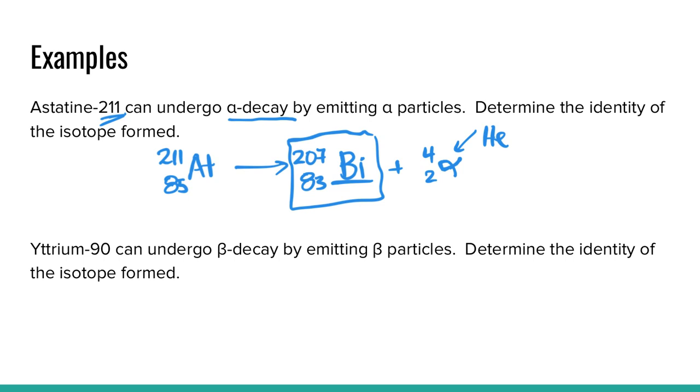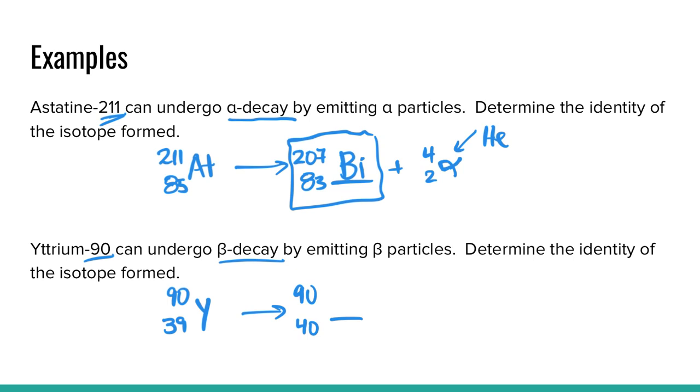The next example: yttrium-90 can undergo beta decay by emitting beta particles. We want to identify the isotope formed. Again, we're given the mass number here. If we look up yttrium on the periodic table, that's element number 39, and that's going to undergo beta decay. So remember, our atomic number is going to go up by 1 and our mass number is going to stay the same.